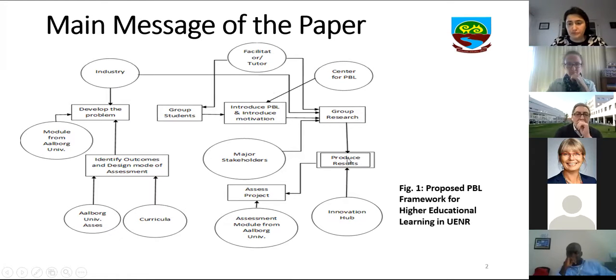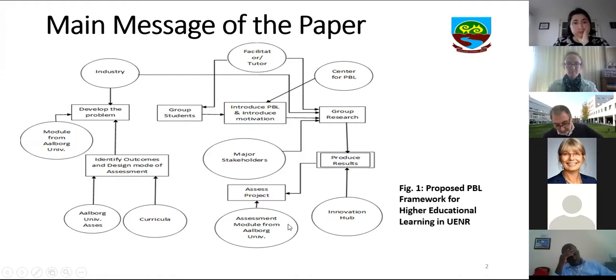And then during the production of their final results, they also visit an innovation hub. The innovation hub helps them to critique whatever they are bringing out, to make it a bit more innovative and a bit more challenging for the industry.